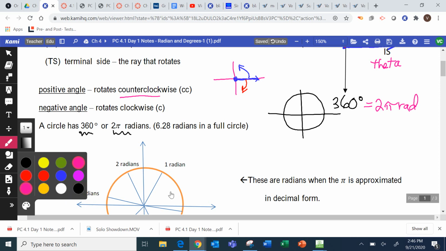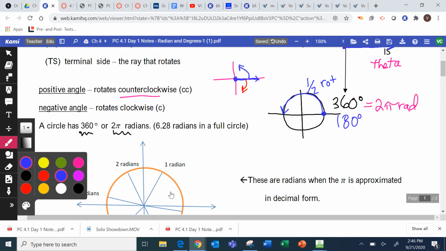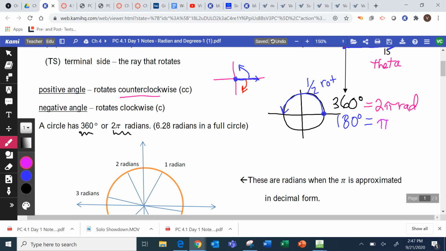If we were going to go halfway around, starting here, rotating halfway around in half a rotation, in degrees, that would be 180 degrees. In radians, that would be pi radians. And we can keep breaking it down further as well.